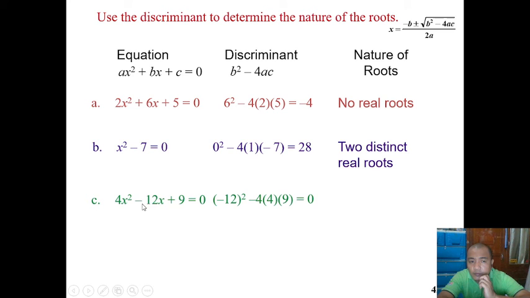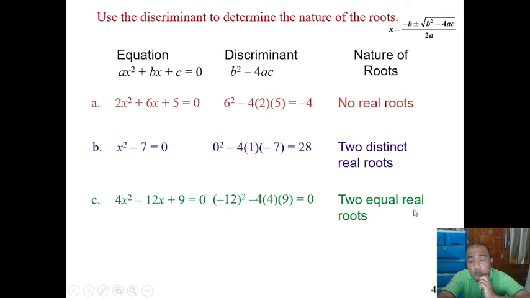A is 4, B is negative 12, C is 9. So, b squared minus 4ac: negative 12 squared minus 4 times 4 times 9. 144 minus 144, it's 0.